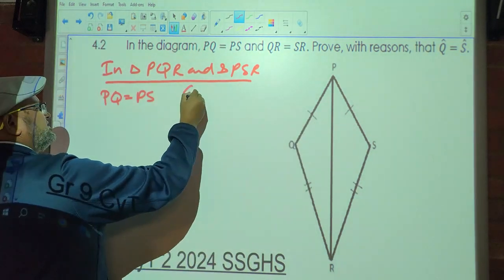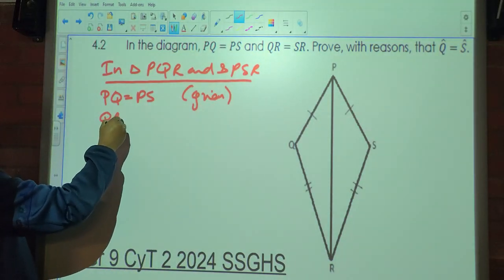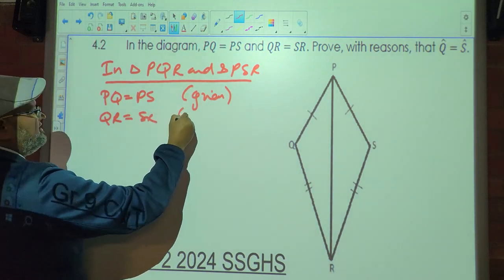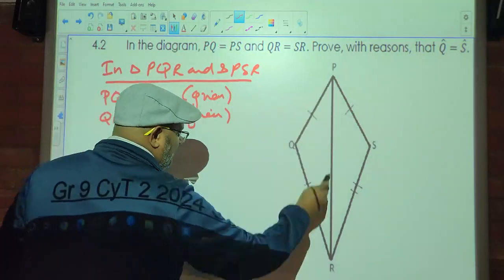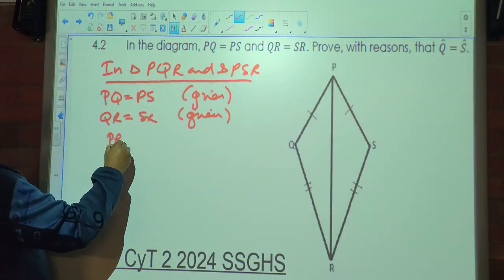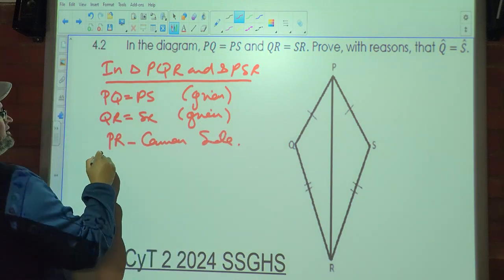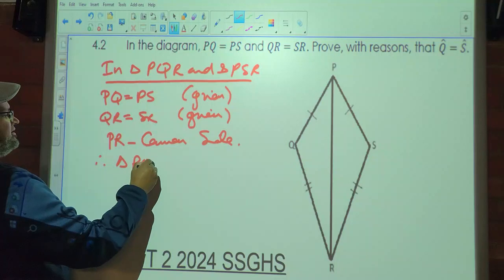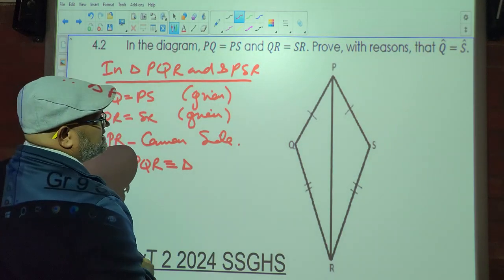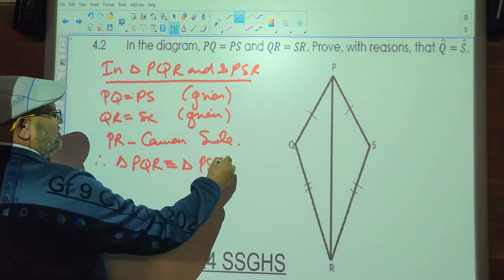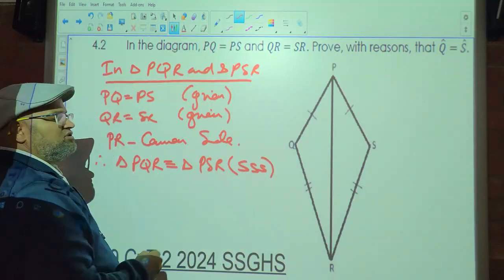It's given to us. QR is equal to SR. Why? Given. Now, PR is common between the two. So PR is a common side. Therefore triangle PQR is congruent to triangle PSR. On what account? Side, side, side. We use three sides to prove it.